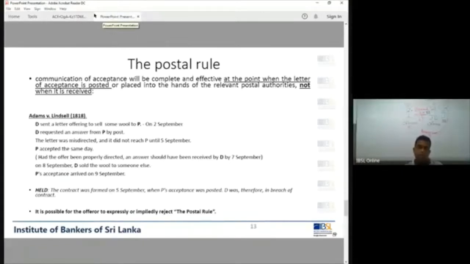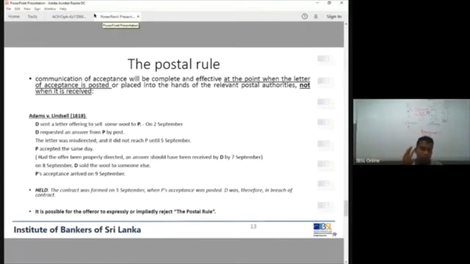For example, if we send a letter, say I am the offeree. I write the letter, put it into an envelope, seal it, stamp it, and put it in the letterbox, right? And it takes 3 days to go to the offeror. The offeror takes the letter. The question is whether now the acceptance is communicated to him.